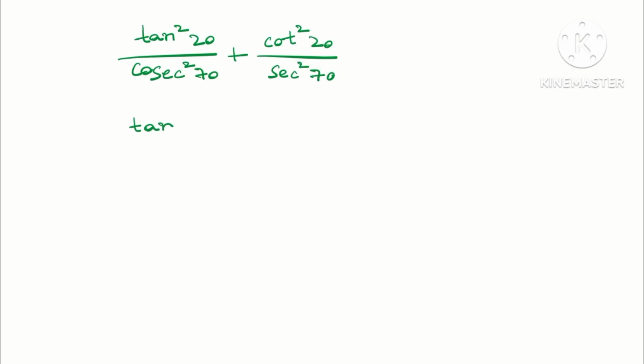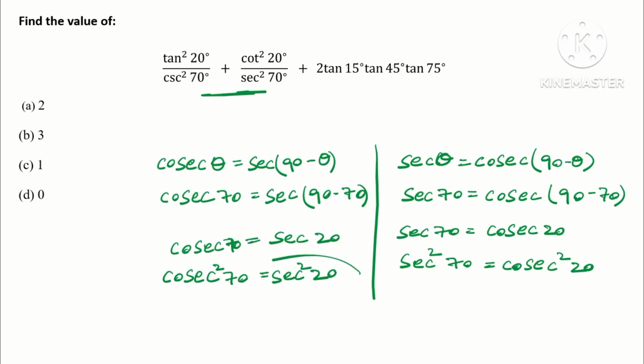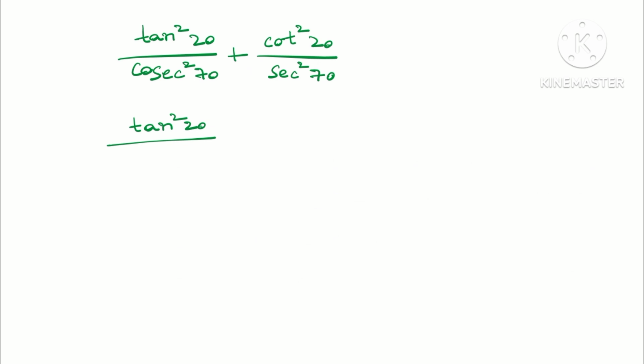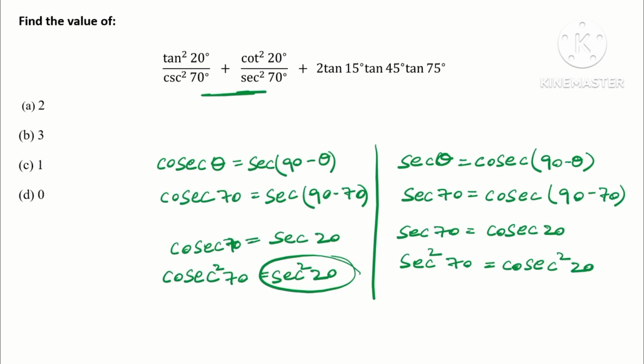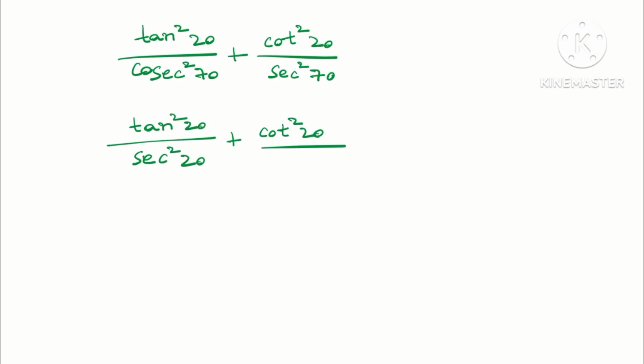So tan square 20 by, we got cosecant square 70 is secant square 20, plus cot square 20 by, we got secant square 70 is cosecant square 20. We know secant theta is 1 by cos theta and cosecant theta is 1 by sin theta.